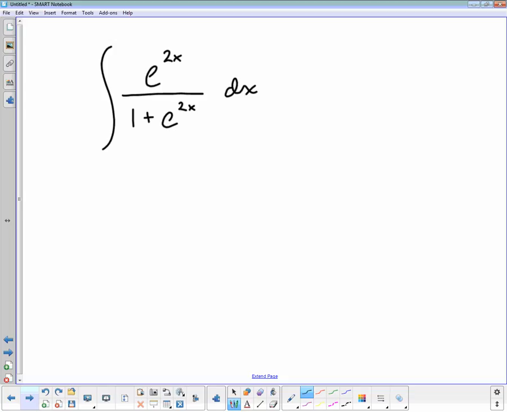Yeah, U-substitution is a good place to start. Well, which would you prefer to use? What is your u going to be? Just e to the 2x? Yeah, you can throw in the 1 plus e to the 2x, because when you take the derivative of it, the 1 is going to go away. Okay? You could do it either way. All roads will lead to Rome, unless you're pointing away from Rome.